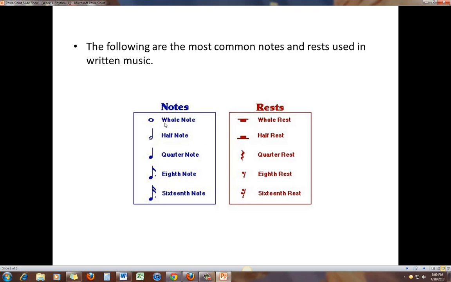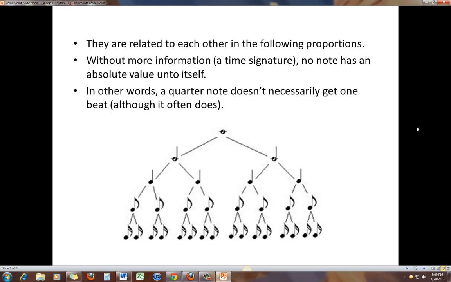A whole note takes up exactly the same amount of time as a whole rest, and so forth. When we are looking at the time value of a note, they are related to each other in very predictable proportions.